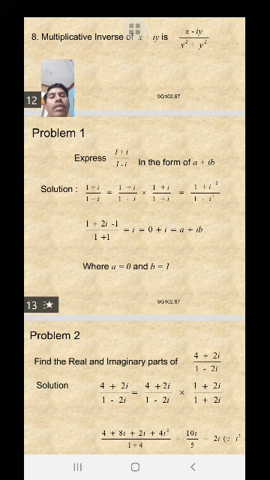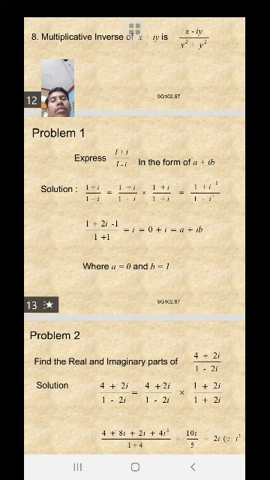Here, we are multiplying and dividing with 1 plus i. That equals (1 + i) whole square by (a + b)(a - b) means a square minus b square. That is 1 minus i square, 1 plus 1, i square means minus 1.